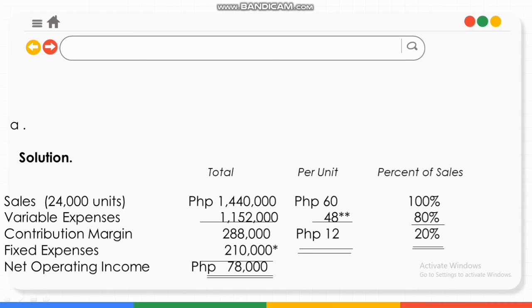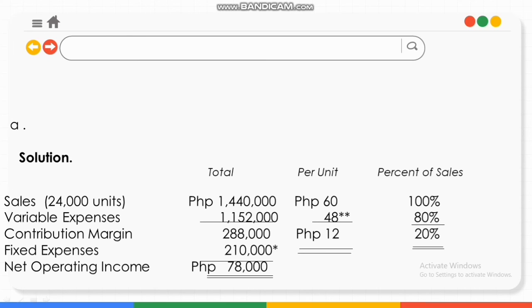Yung total sales kanina na 1,200,000 times 1.20. Tapos yung variable expenses is equals to 1,152,000. So, ang magiging contribution margin is 288,000 pesos. Tapos yung fixed expenses is 210,000. Ang makukuhang net operating income is 78,000 pesos.